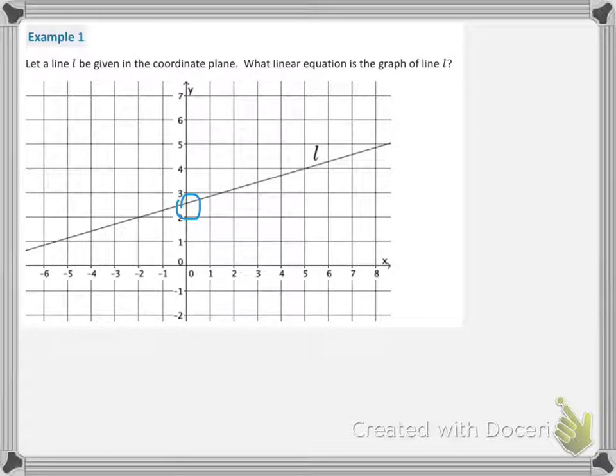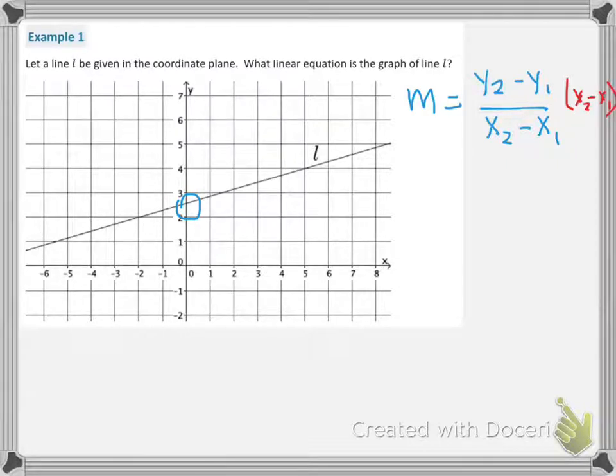So I'm going to start with the slope formula. Slope is equal to y2 minus y1 over x2 minus x1. And I'm just going to manipulate this formula a little bit by multiplying by x2 minus x1.